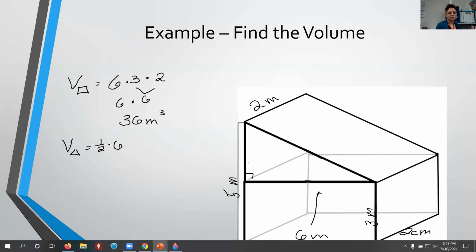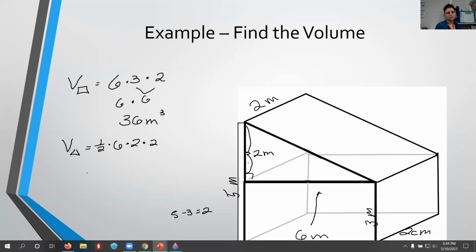So 1/2 times 6. I don't see a dimension for the height of my triangle, but I know that the rectangle and the triangle combined is 5 meters, and the height of the rectangle is 3 meters. So 5 minus 3 gives me 2 meters left over. So this section is 2 meters, and then my depth is 2 meters.